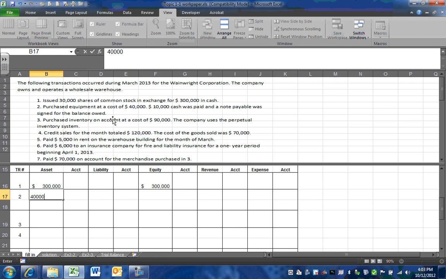So we increase assets by $40,000. Well, we paid some cash for that, $10,000. So we need to subtract out $10,000 in cash. The balance, $30,000, is a debt that we owe.